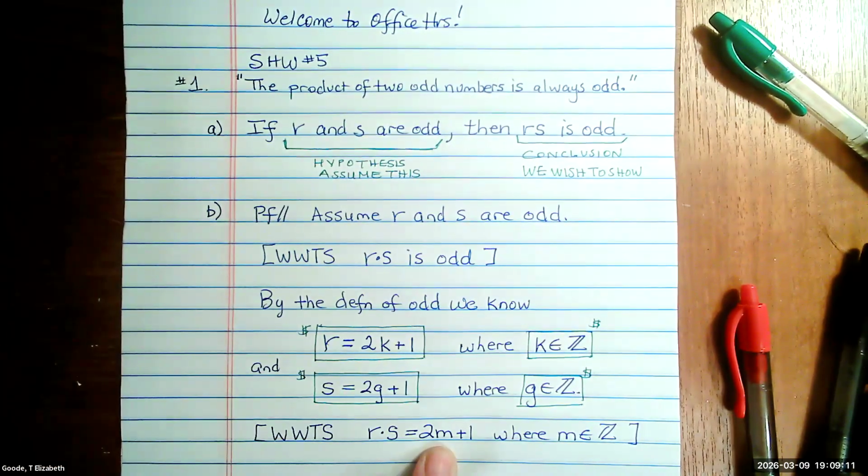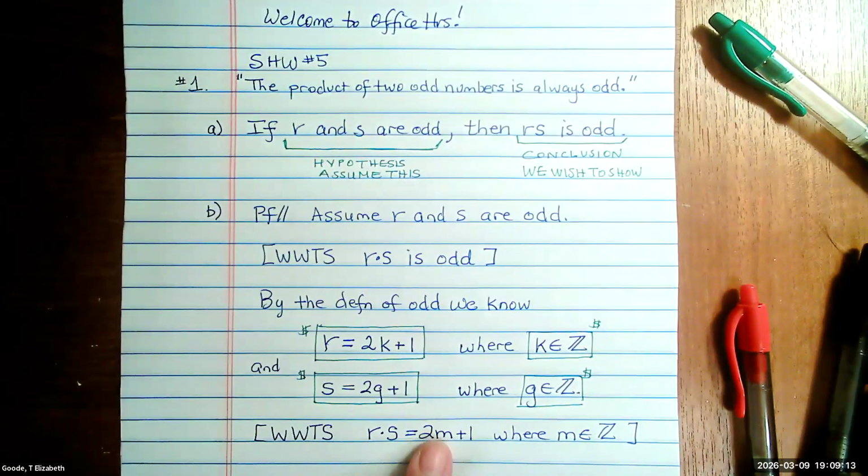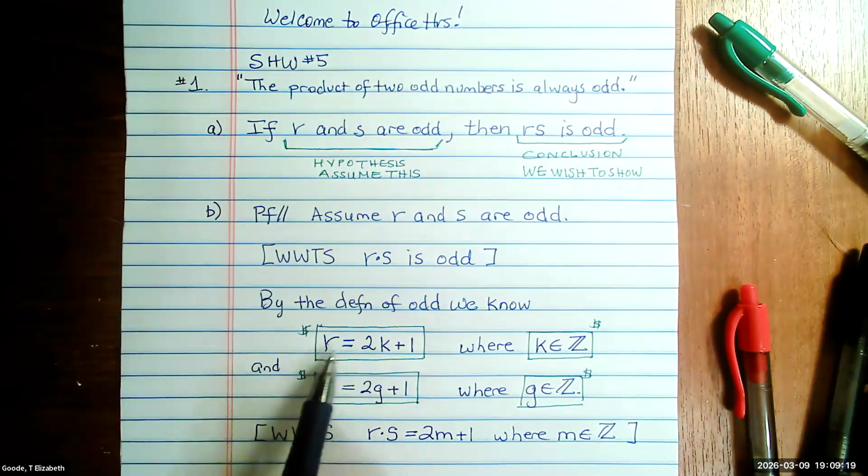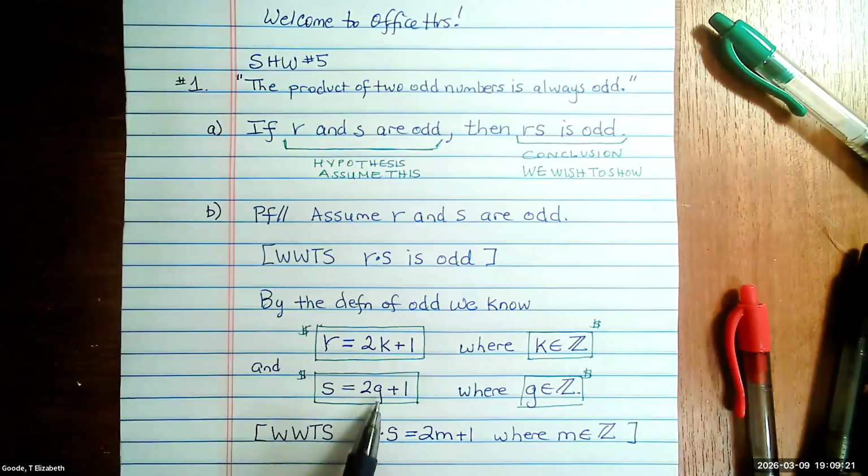But where did the M come from? I just picked a letter because I wanted to tell myself what R times S has to look like to be odd. So I needed another letter besides R, S, K, or G. I usually like to use M in my thinking notes. It's a multiplier here.